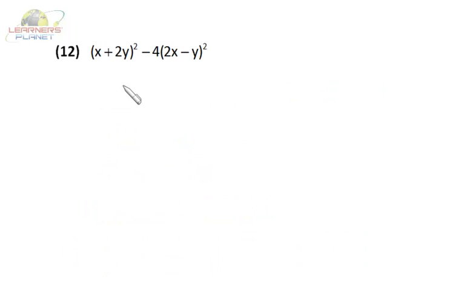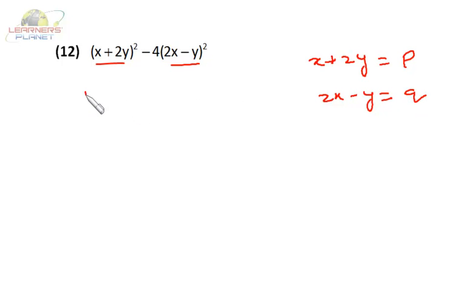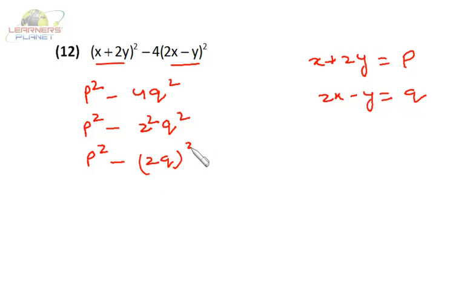Now, here there are two binomials. So let's suppose x plus 2y as p and 2x minus y as q. Okay? So it's p square minus 4q square. That means it is p square minus 2 square q square, or we can write it as p square minus 2q whole square. Just see step by step.